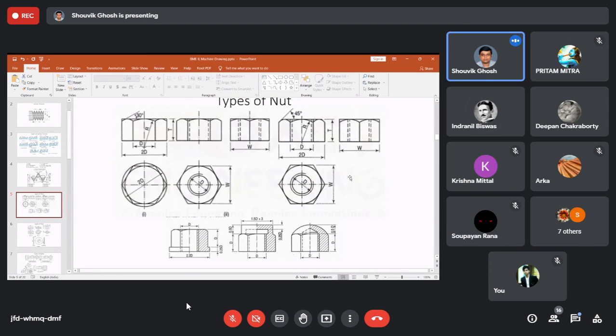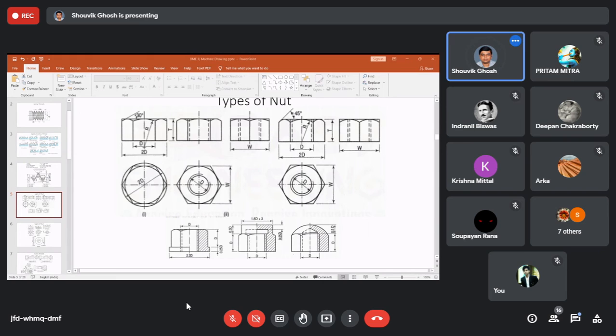Yes. Okay. So all these drawings you will find in your machine drawing book in the nut portion. If you go through the portion where it is bolted joints and nuts, you will find all the figures.